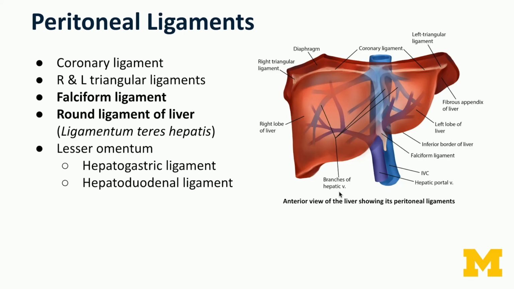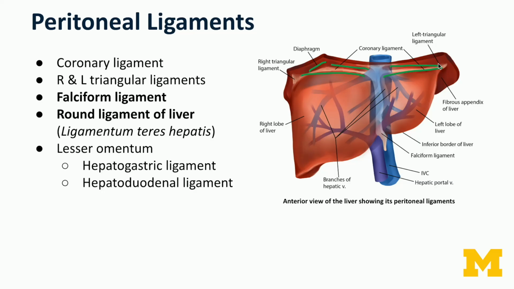First and foremost, there are coronary ligaments, which help to anchor the liver out to the diaphragm. These coronary ligaments also are adjacent to triangular ligaments that also help to further anchor the liver to the diaphragm along that posterior body wall.